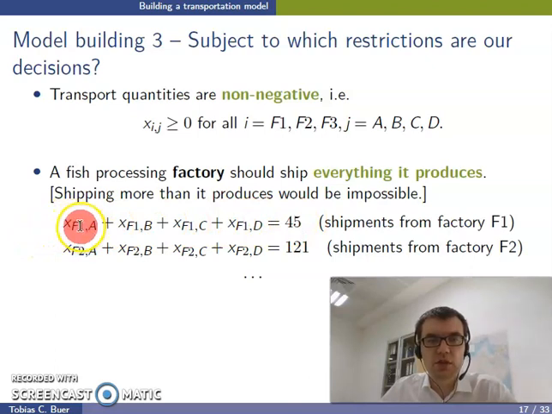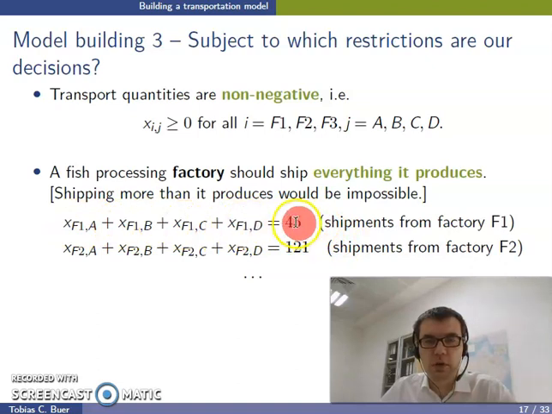An acceptable solution would be if F1A, if this decision variable would be 45, and all the others would be 0. Or we have F1A 5 and F1C 40, and the others 0. And this would fulfill this constraint.